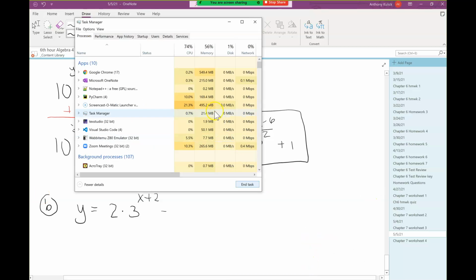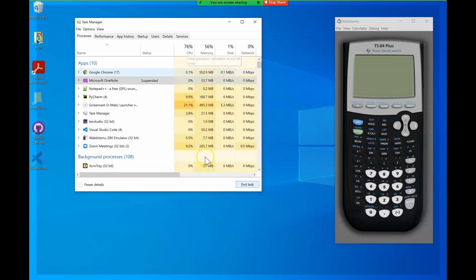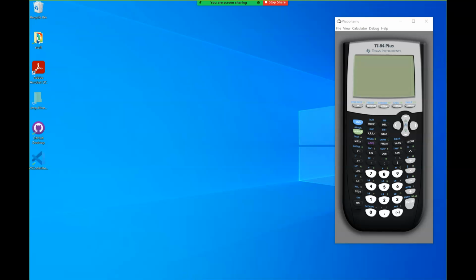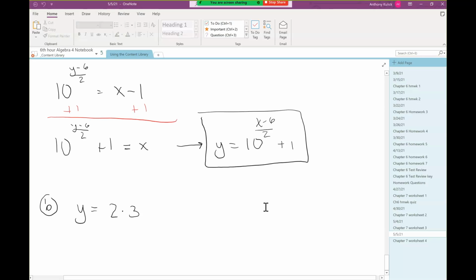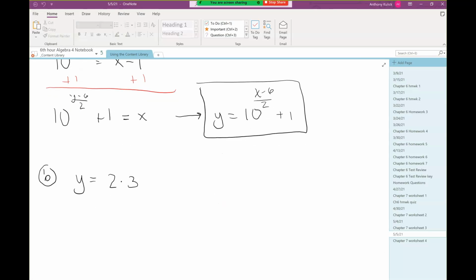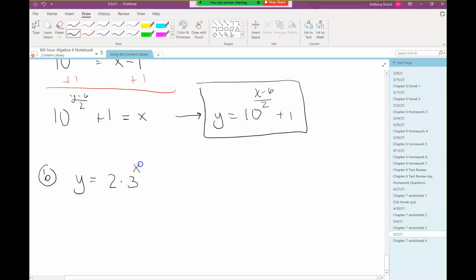Like OneNote's not even doing anything, and CPU percentage use is not even absurd. Numbers I had in there anymore. Sorry if those numbers changed. I didn't remember what I'd written down before. Okay. Yeah, that's just what I'm doing. So sorry to everybody else.